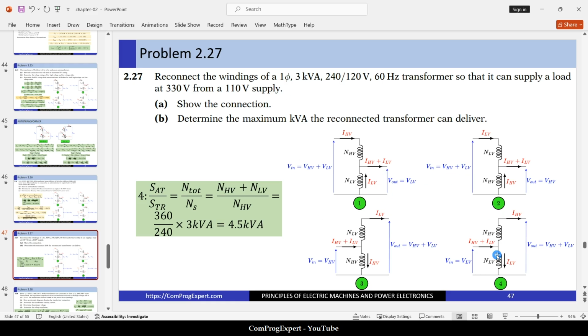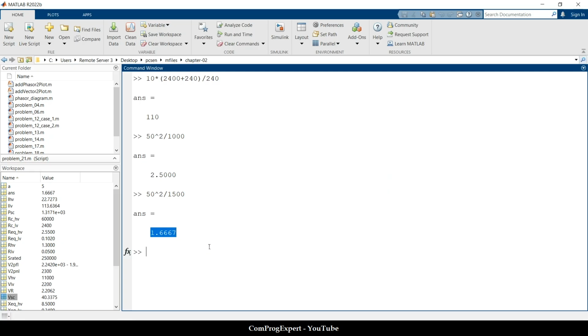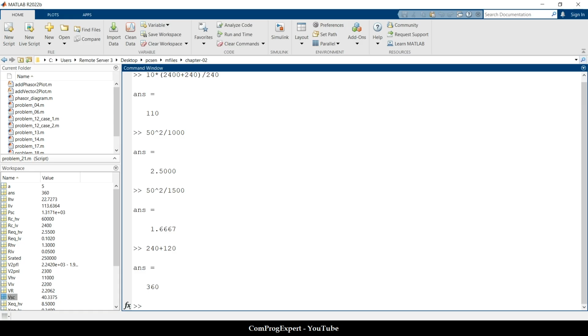So among these four connections, connection number 4 is possible, right? Because the load voltage is 330, which is higher than the rated voltage of coil 1 and coil 2. So 240 plus 120 is 360.